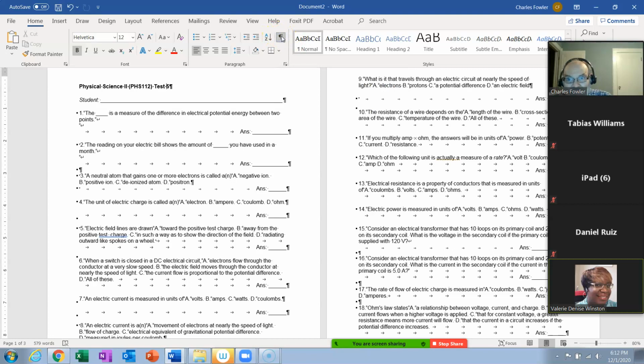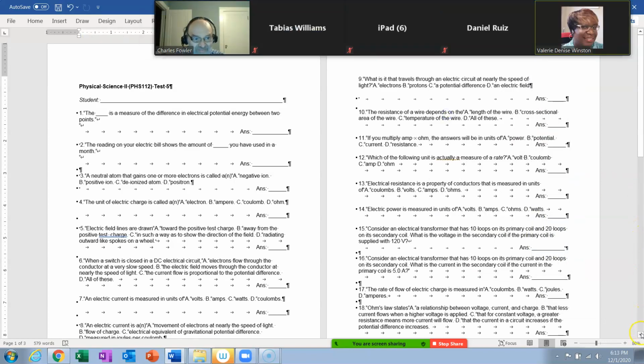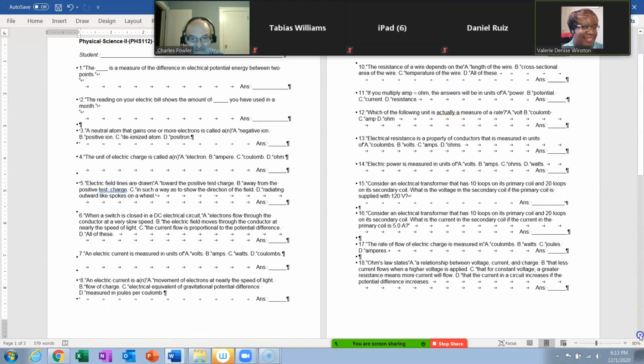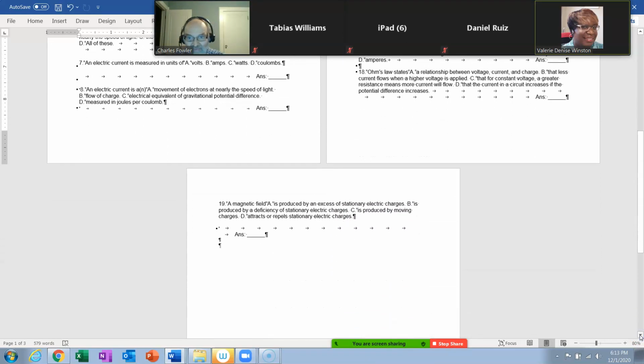Okay, scroll down to the bottom of the document. I can't get there because y'all are in the way. I'm sorry, y'all. Okay, there's something going on with this document.